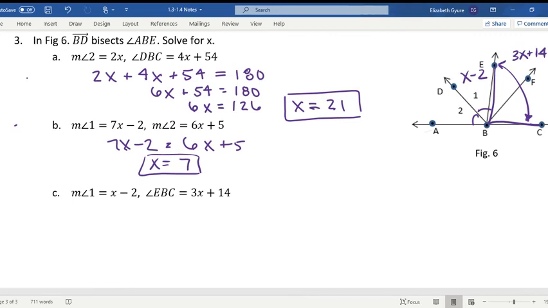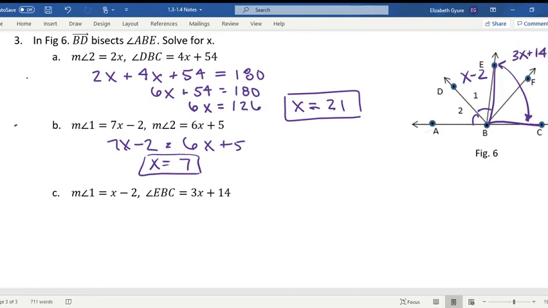Now, we don't know if angle 1 and EBC are congruent. It didn't say that. But there are some other things we know. First of all, we know angle ABD is a straight angle. It's going to have a sum of 180 degrees. We also know that angle 1 and 2 are congruent due to our bisector.